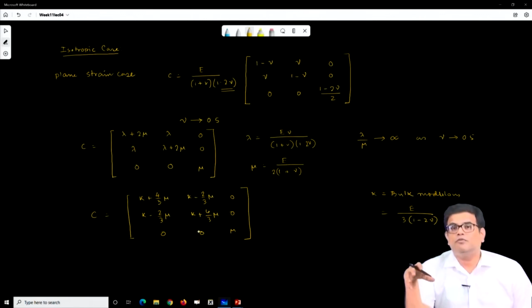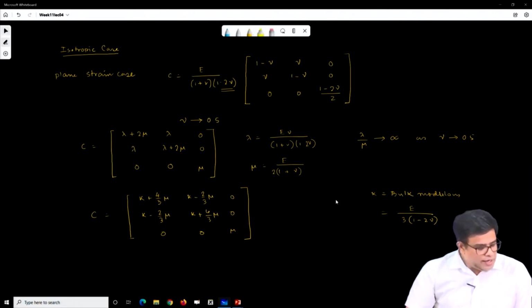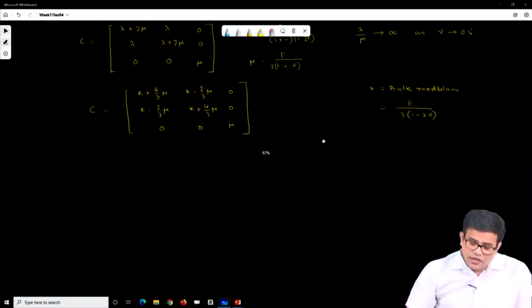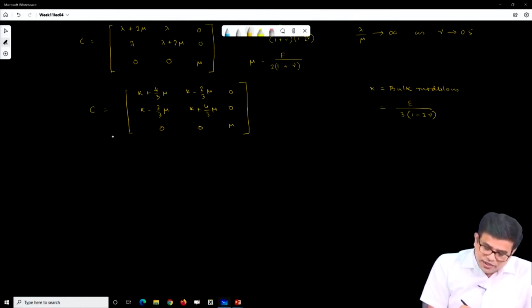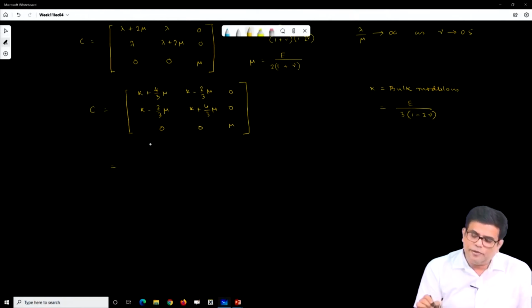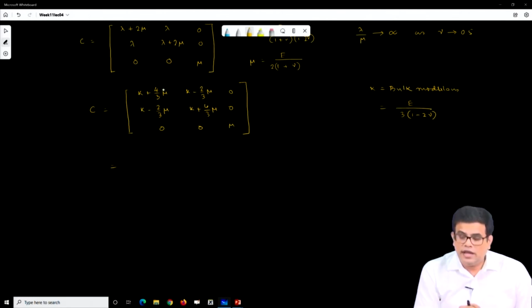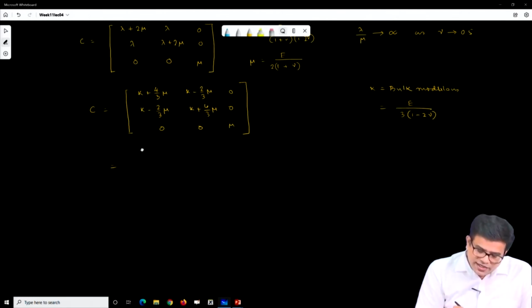To solve this kind of problem, which is purely a mechanics problem, with the finite element method, we encounter some problem. Let us define it. If I write my C matrix properly, I can consider K times the matrix 1 1 0, 1 1 0, 0 0 0.